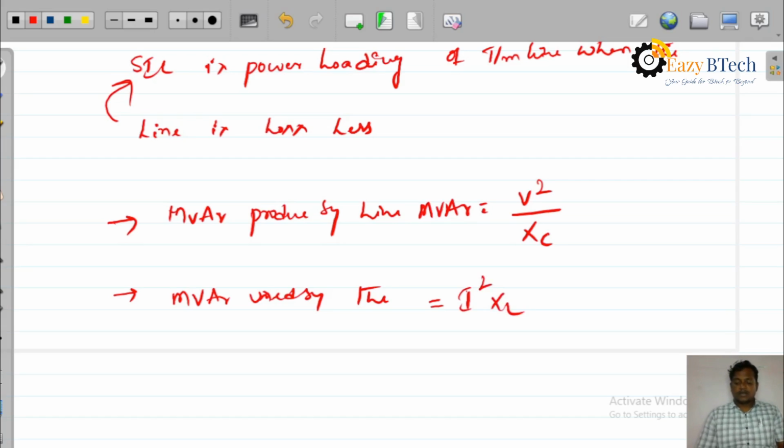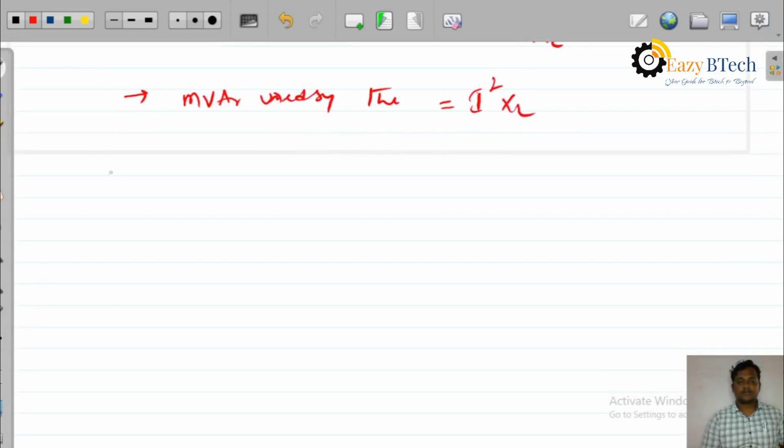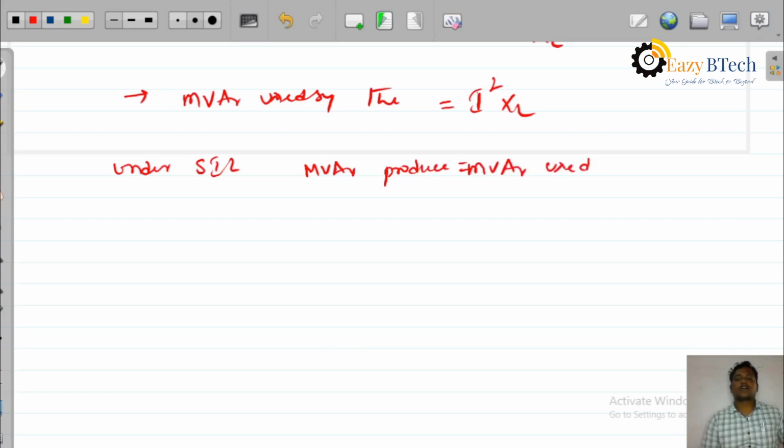Now, under surge impedance loading, the MVAR produced due to the capacitance effect equals the MVAR absorbed by the transmission line.